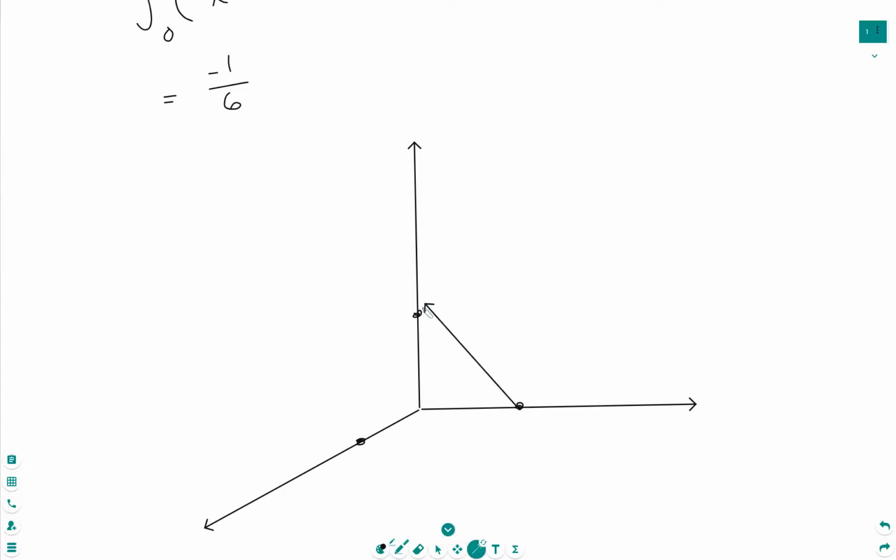That means we're going like this. So when you think about the projection, just keep in mind the orientation that you still have, and then you can figure out what the normal is.